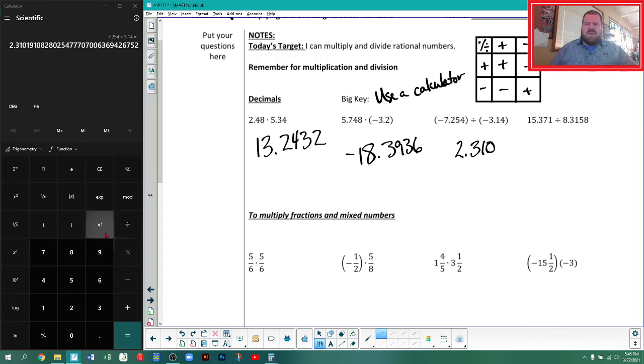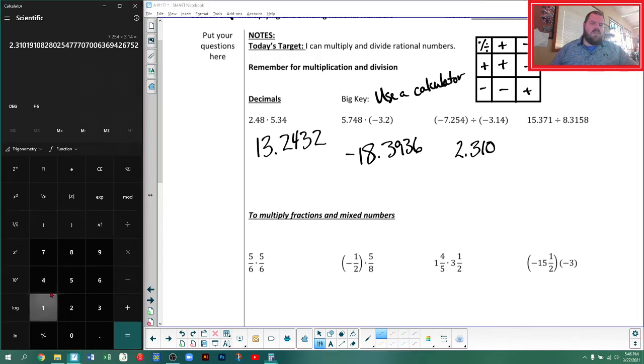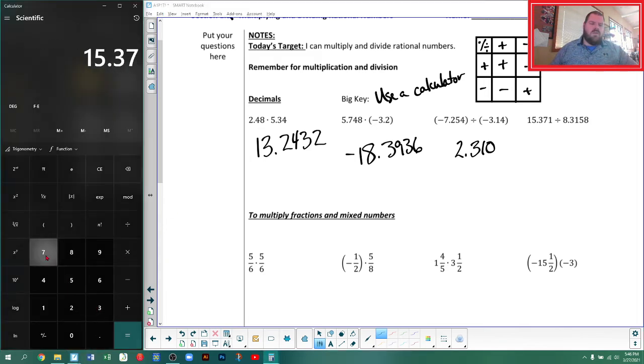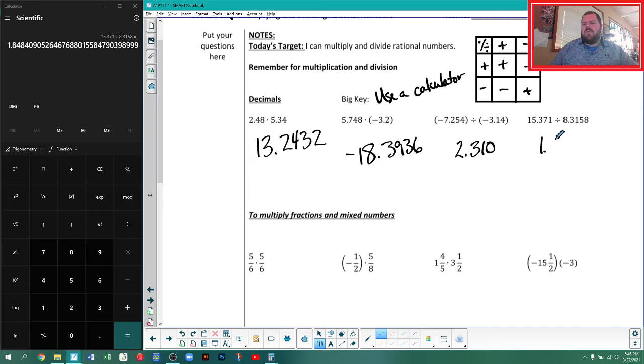Let's see, 15.371, another division problem, and 8.3158. Again, we'll round, maybe use 3 to 4 digits, whatever seems easier. 1.8484.